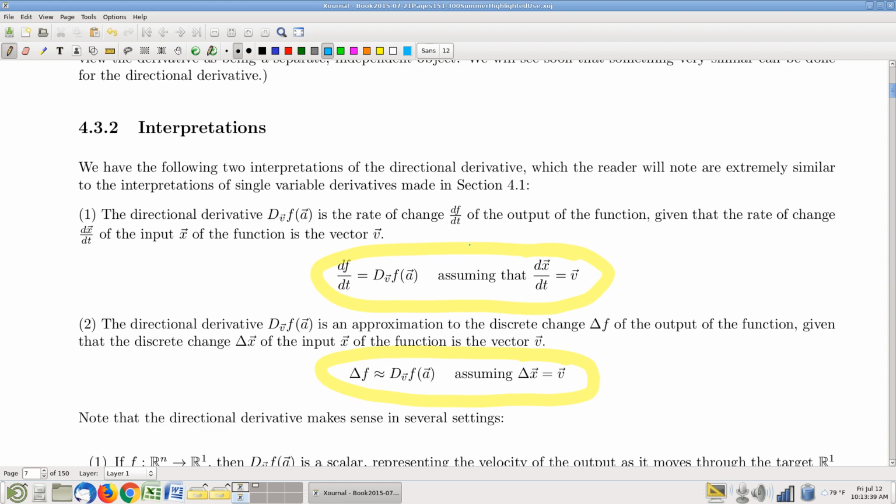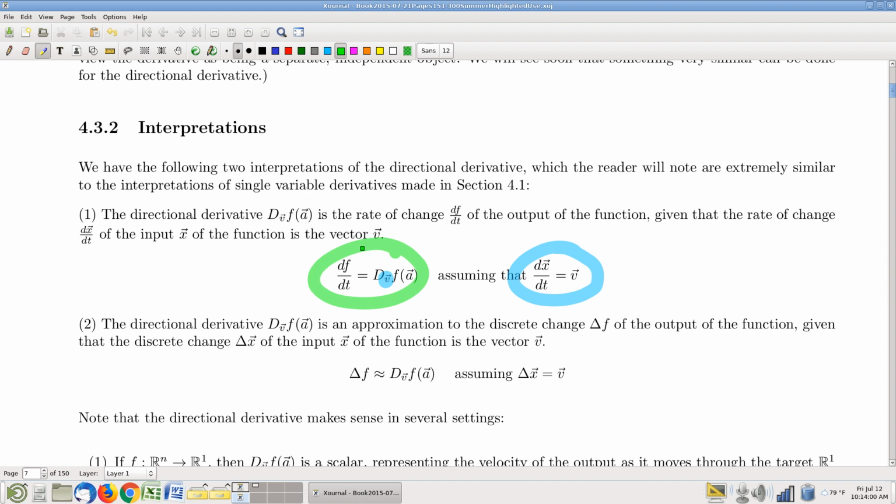Okay, so what is our directional derivative? This is a rehash of things we've already talked about. Where did we get this formula for directional derivative? The whole point, the definition, in fact, that we made of directional derivative is that if this thing is your input velocity, then this thing is the output velocity. So directional derivatives are output velocities where we assume that v is the input velocity. So it's a relationship between input velocities and output velocities.